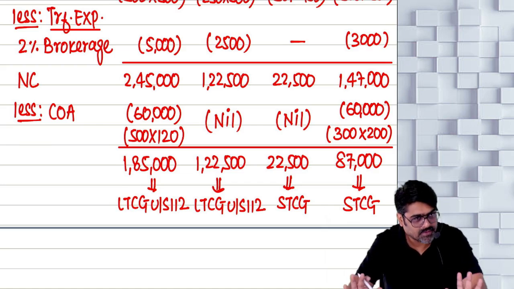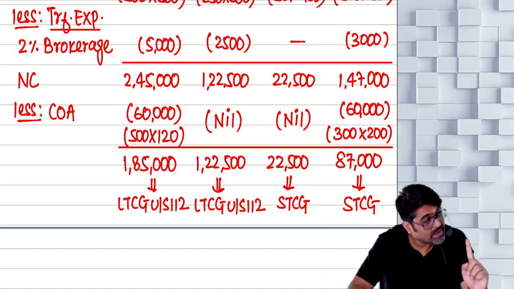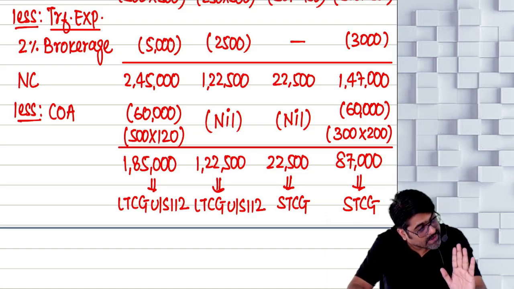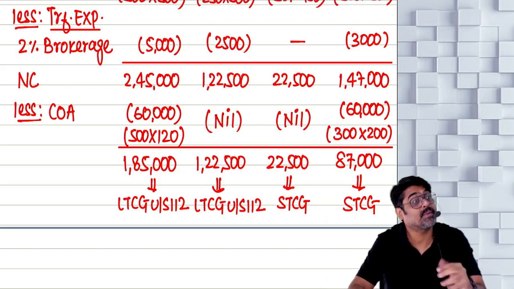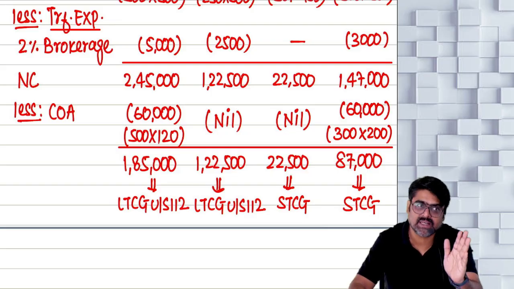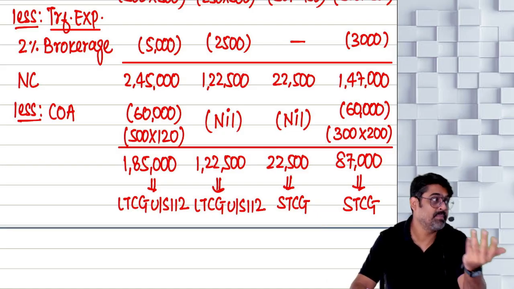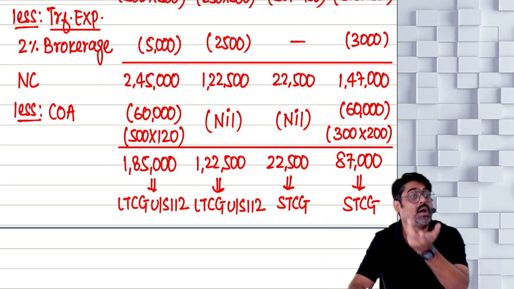So, whenever the shares of the same company are purchased in lots, for every lot, calculate the capital gain separately, assuming the lot is a separate capital asset itself, because each lot is purchased at different time, at different rate, and maybe the shares in that lot are short-term, shares in another lot are long-term.